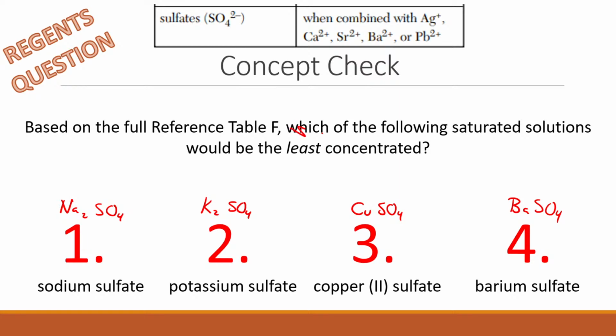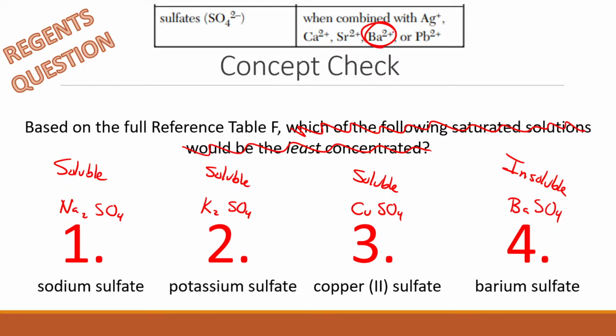So ignoring whatever the question is asking for right now, I look at these four choices, all four of these sulfates, and I need to pick out which one of them is different from the rest based on table F. Table F tells me that these first three are soluble, and the last one is insoluble.